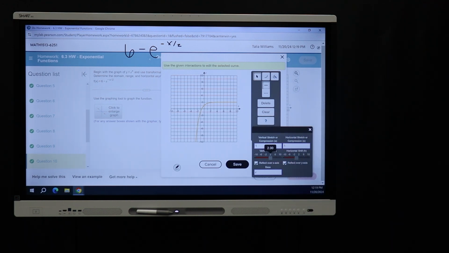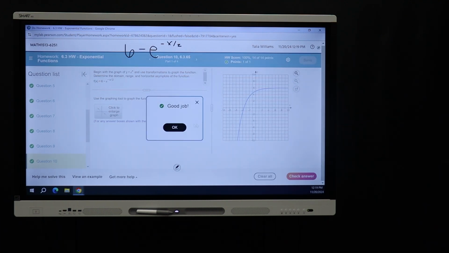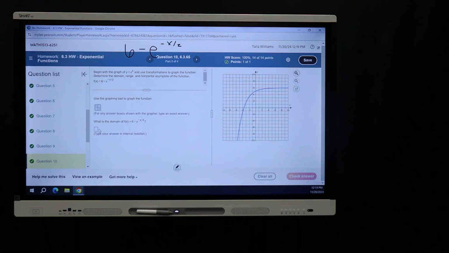And then that divided by 2 goes with our horizontal stretch compression. Since it's divided by 2, I'm going to do backslash 2. Save. Check. Then domain's negative infinity to infinity.